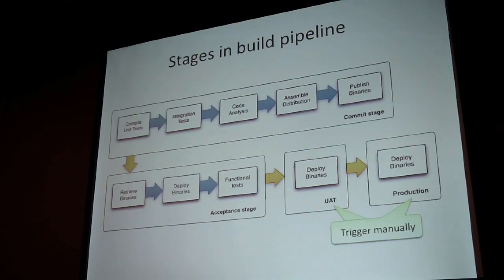So what you want to implement is some sort of push button release functionality, where you let, for example, the QA team decide when they want to put in a new artifact or a new version and start to test it. Or you could even tell your product team, when do you want to get some new feature into production? So you can just give them a button and they click on it and they say, well, we know this artifact with this version includes that feature, deploy it to production, give it to the end user.